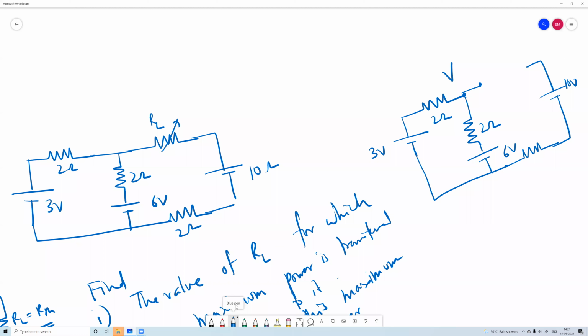So (V minus 3) by 2 plus (V minus 6) by 2 is 0. We will get this. Solve it. V should be coming 4.5. Check.